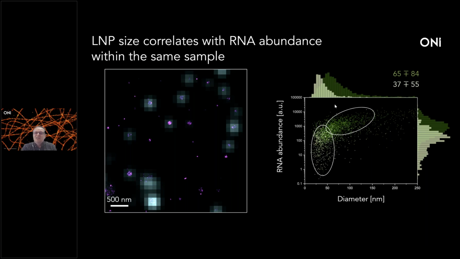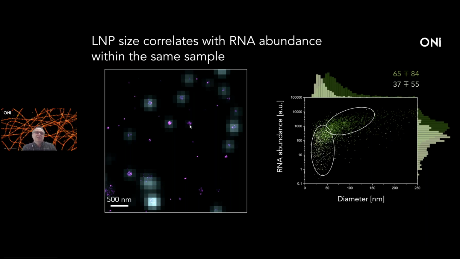And then you have the other subset of particles, which is RNA negative. Those RNA negative particles are around 37 nanometers in size, also with a broad standard deviation. From our experience imaging some micelles, we also observed that the size of a micelle is somewhere around 31 to 40 nanometers.